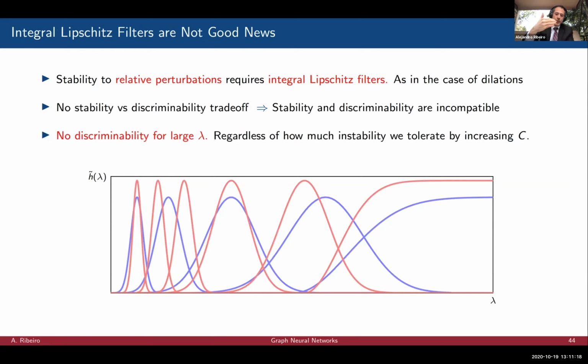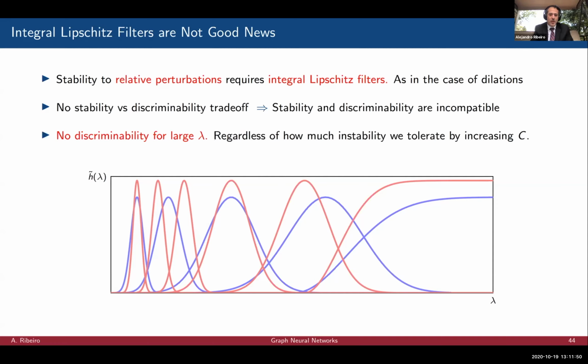In the case of additive perturbations and Lipschitz filters, the stability versus discriminability trade-off is the same for all frequencies. In the case of relative perturbations and integral Lipschitz filters, the trade-off is different at different frequencies. There is an advantage in getting your high frequency components and somehow moving them down into low frequencies.